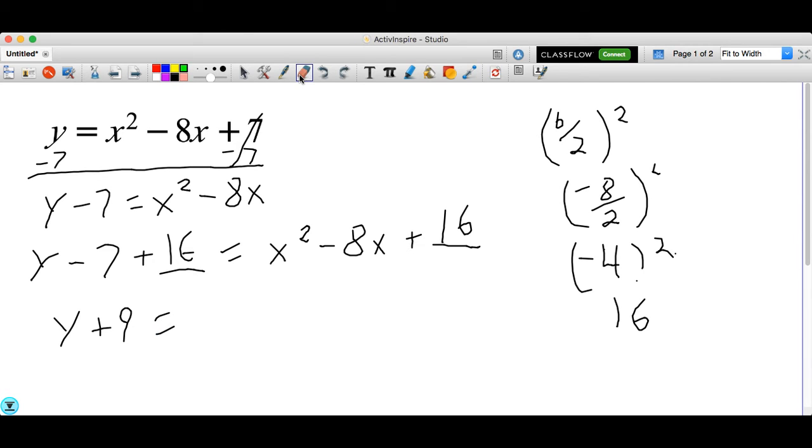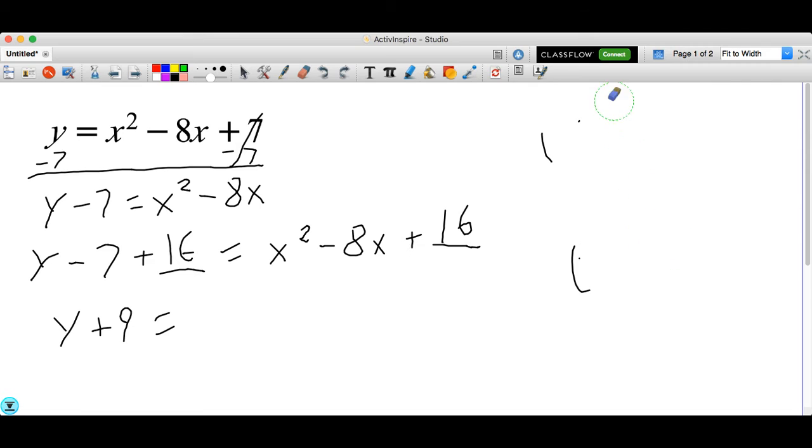And so again, we want to factor that. We'd be looking for factors of positive 16x squared that can combine to be a negative 8x.